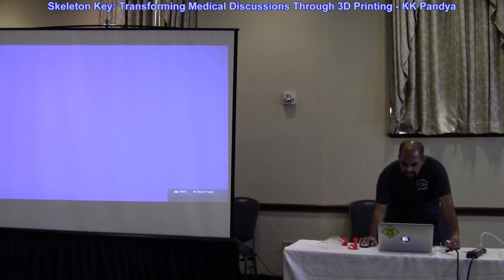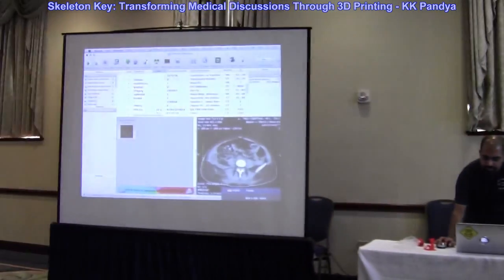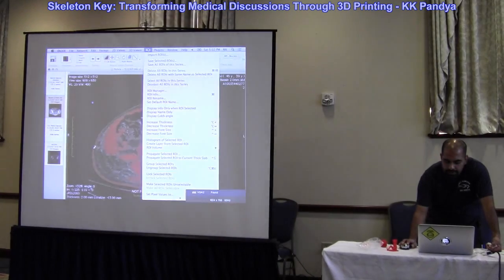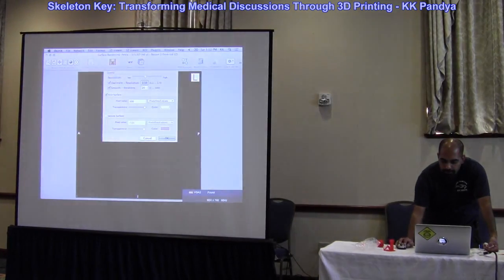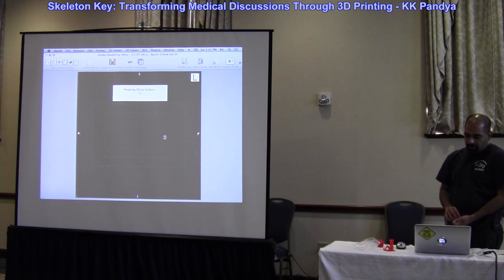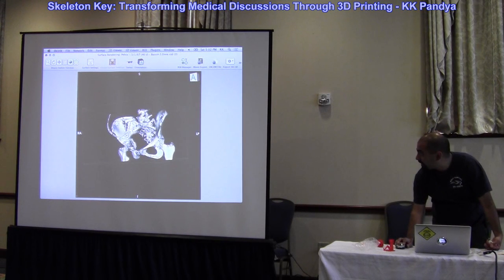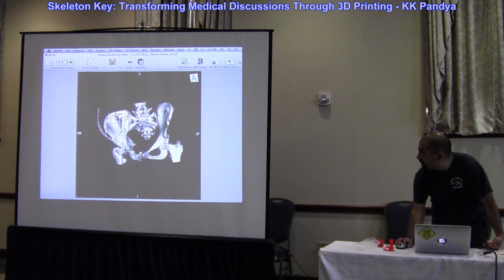With this data set, I'll see if I can do a surface rendering with this one. So this is that pelvic fracture data set as well, and this is after the surgery.